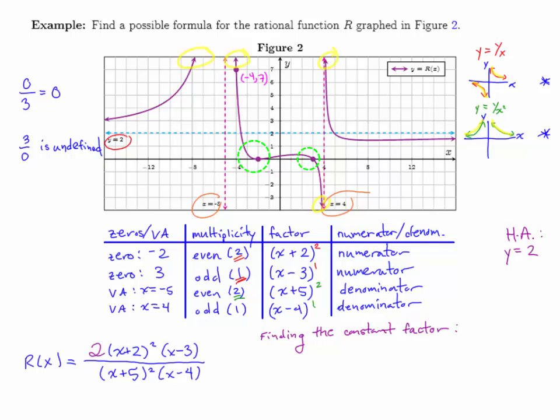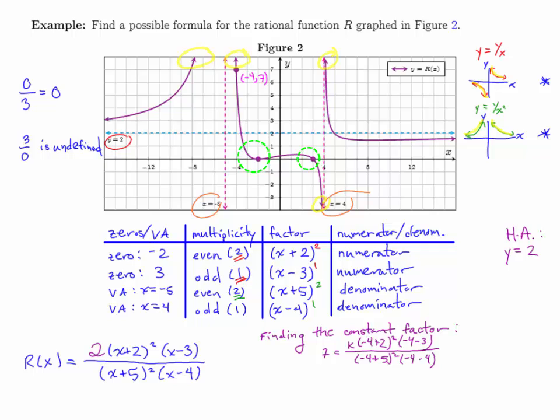We know that 7 is going to equal some k, and then we'll put in -4 for x. So -4 plus 2 squared times -4 minus 3, all over -4 plus 5 squared times -4 minus 4.